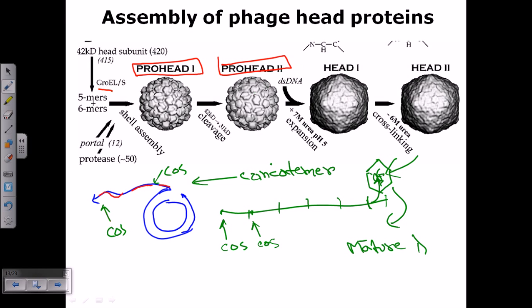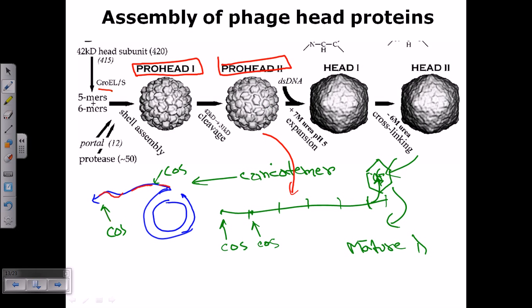Now from this prohead 2, this is the time where the head comes into contact with the concatemer, and the packaging and the maturation of the head go on simultaneously, right? The packaging goes on with terminase enzymes, and this prohead is matured. So dsDNA has entered inside the head.